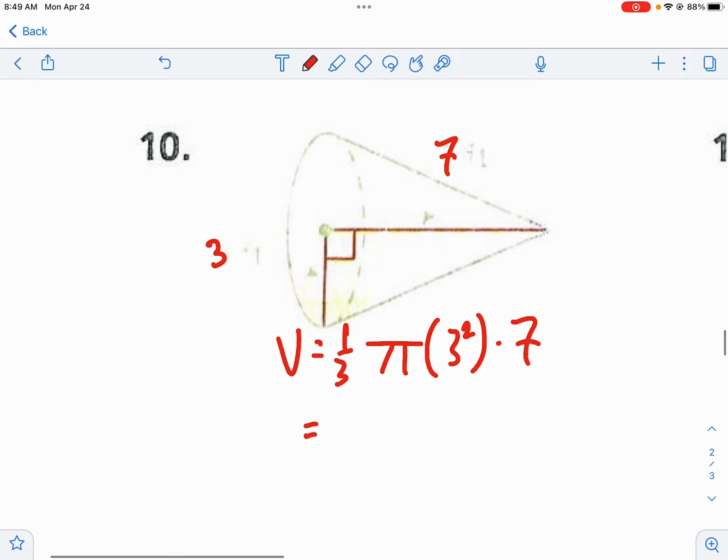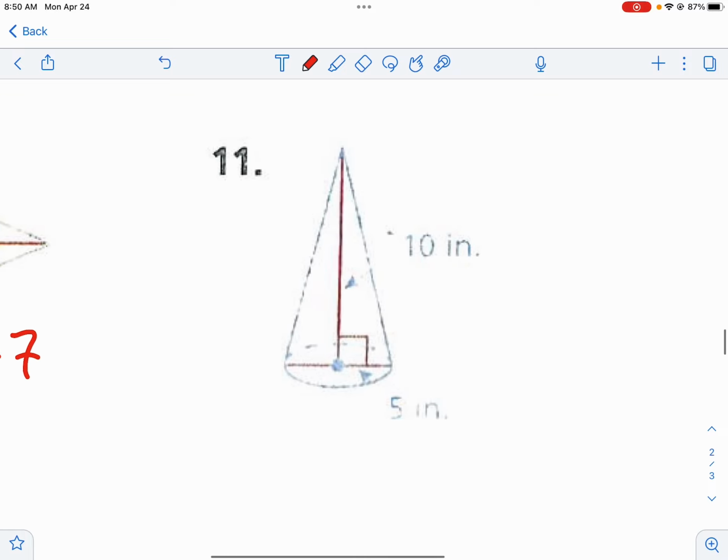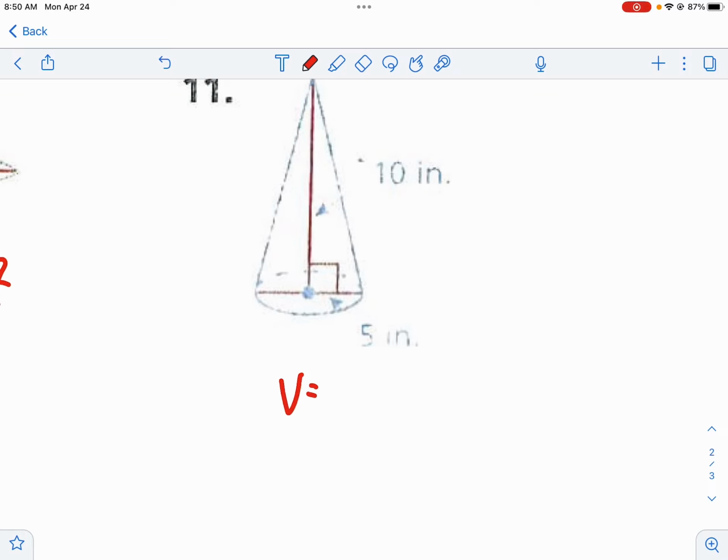Gives us 65.9 or 66 feet cubed. Next one, pi r squared times the height times 1/3, so 1/3 pi times 2.5 is my radius, squared times the height of 10.